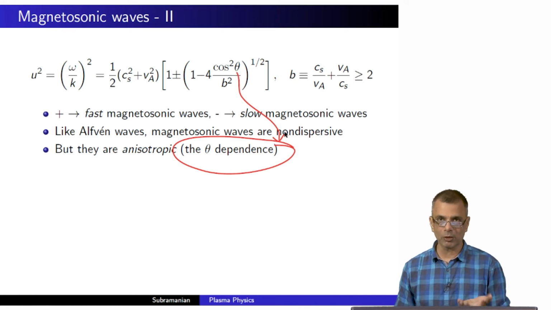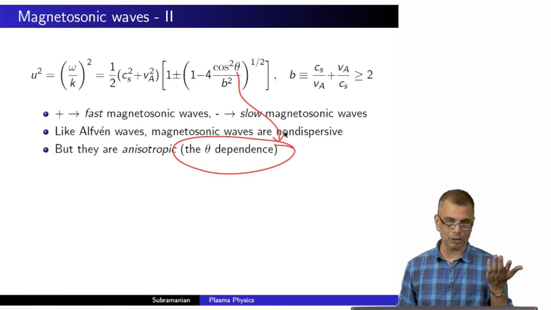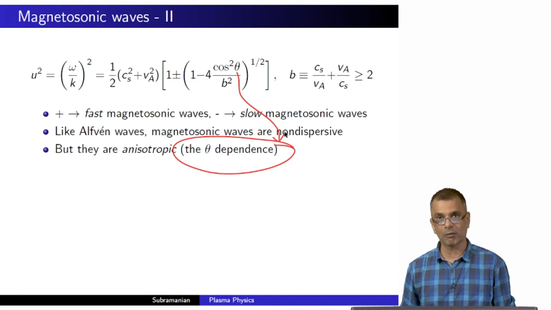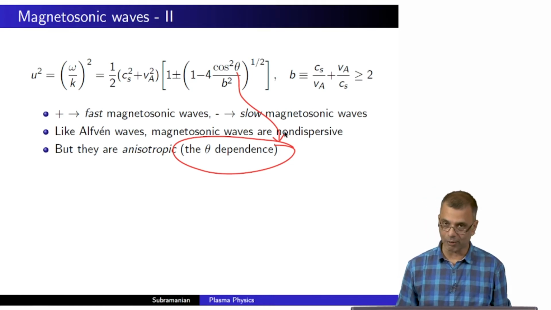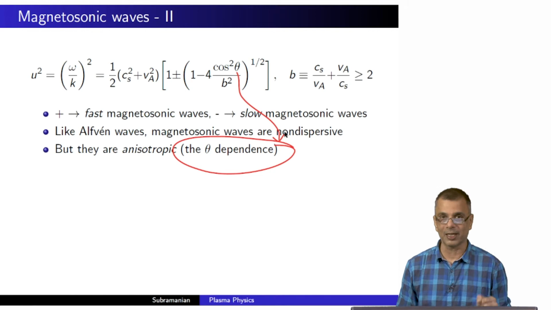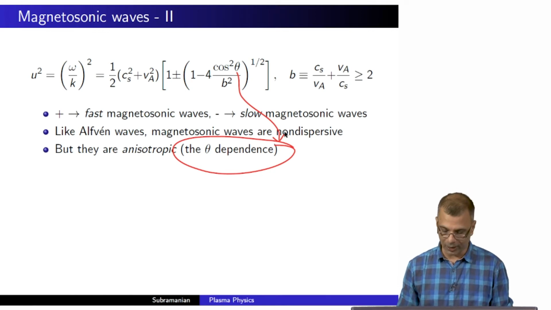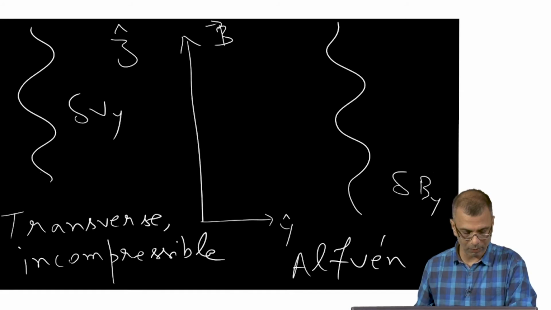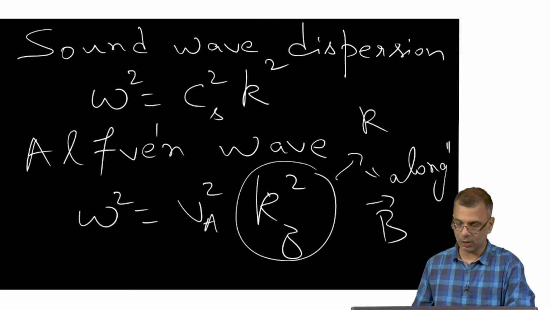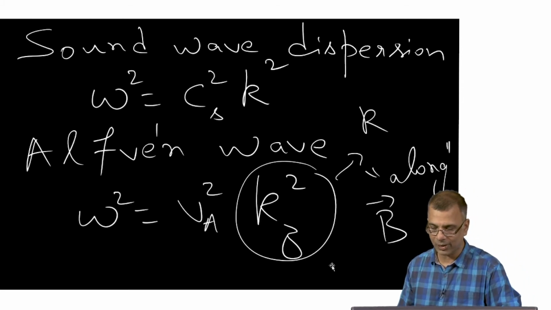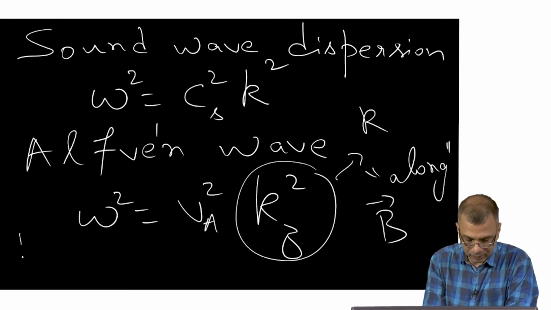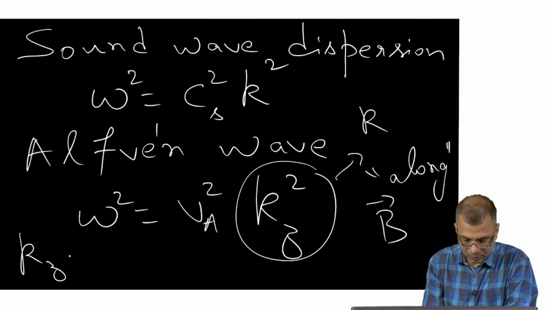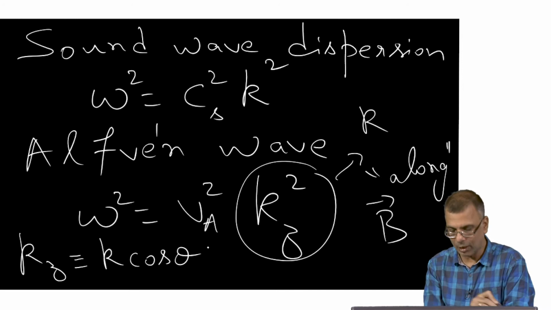However, Alfvén waves are also similar in this respect, in that the dispersion relation for Alfvén waves depends on k sub z, not on k itself. In other words, they depend on k cosine theta. So they also have a cosine theta dependence. Although, if you remember, the Alfvén wave dispersion relation looks like this, right, where the k sub z is really k cosine theta.